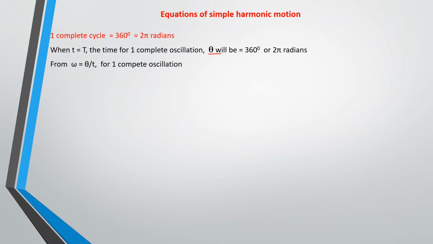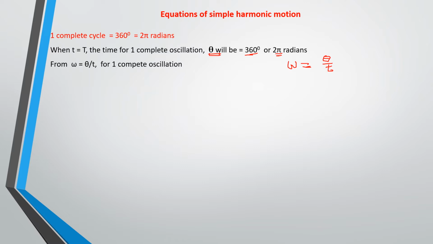we have said that theta, for a body that is undergoing circular motion, is equal to 360 degrees, which is equal to 2 pi radians. And we got that in our previous lecture that angular velocity is equal to angular displacement all over time.